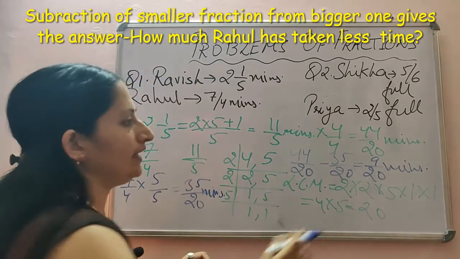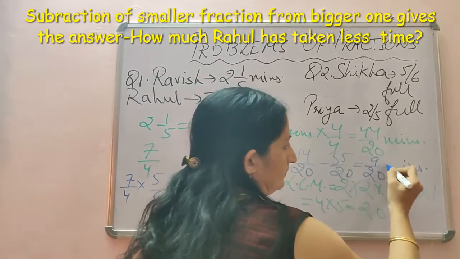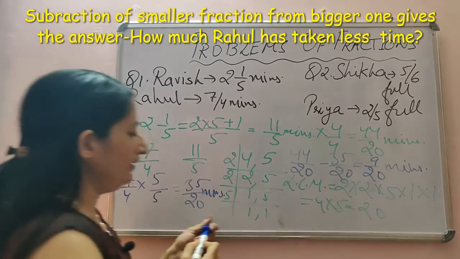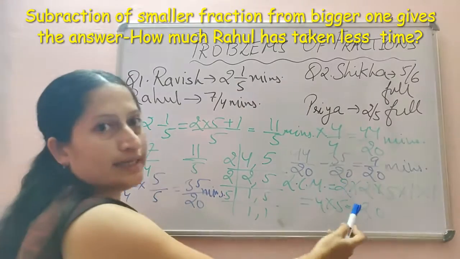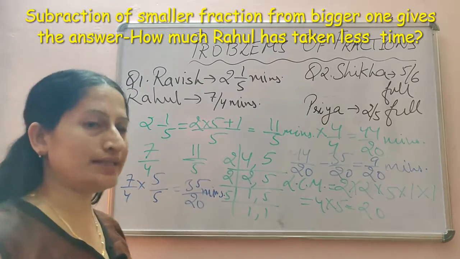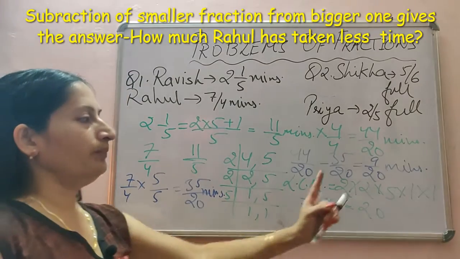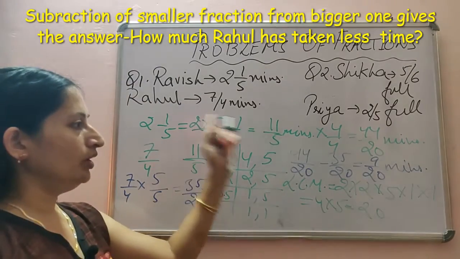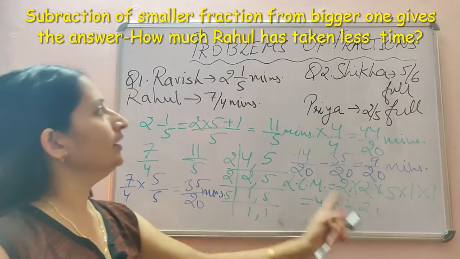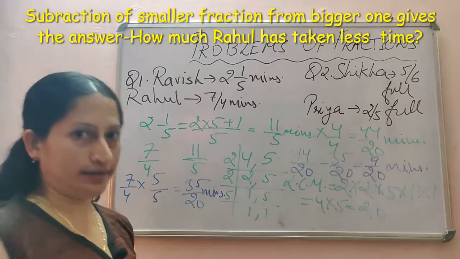So we can say easily that Rahul has taken 9/20 minutes less than his friend Ravish. So faster is Rahul, who has taken less time, while slower is Ravish.